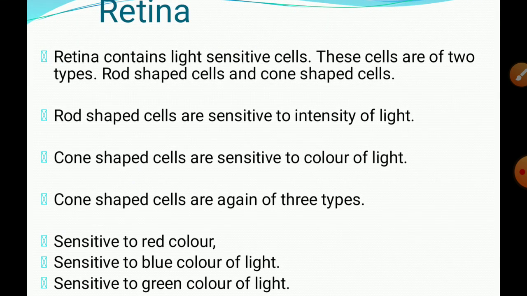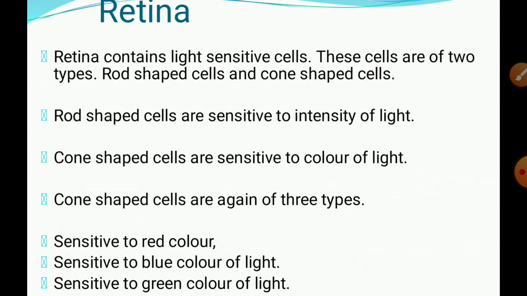Retina, as we have discussed, is just like a screen in our eyes. It contains light sensitive cells. These cells are of two types: rod shaped cells, which are also called rods, and cone shaped cells, known as cones.